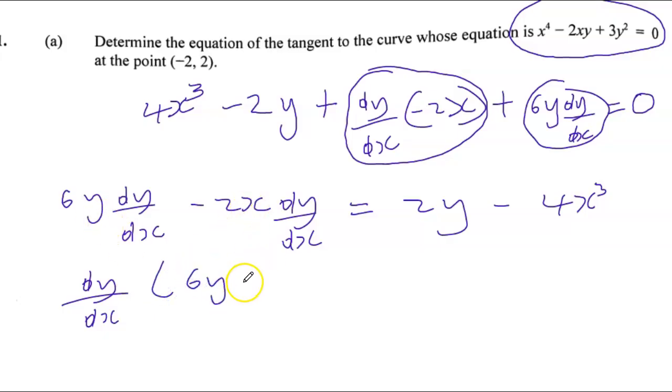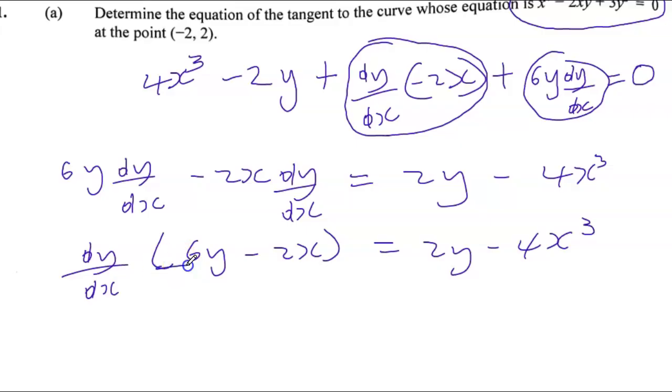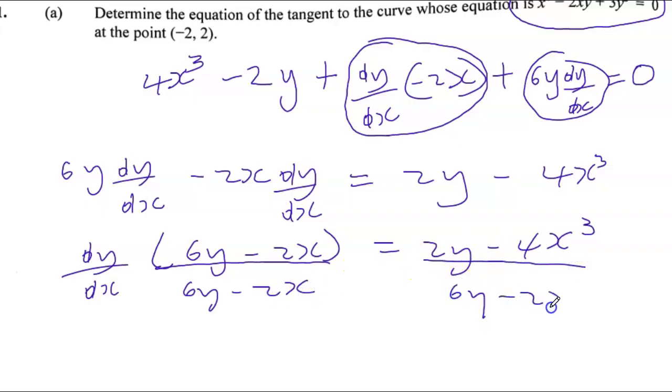From the other term, I'm left with minus 2x. Equal to the right hand side, 2y minus 4x cubed. And of course, to solve for dy by dx, I can divide both sides by the bracket 6y minus 2x, so that cancels itself.